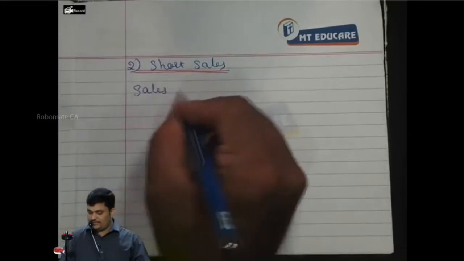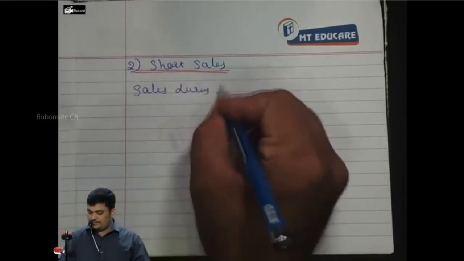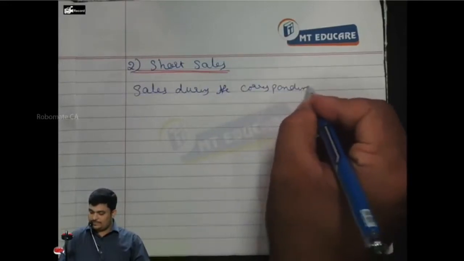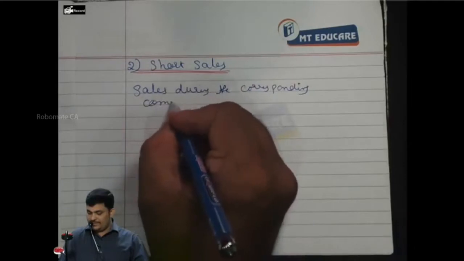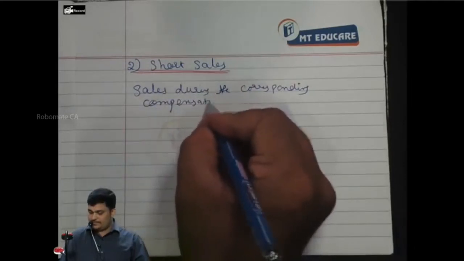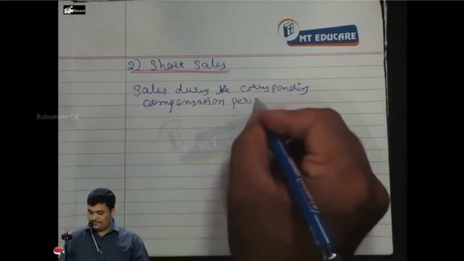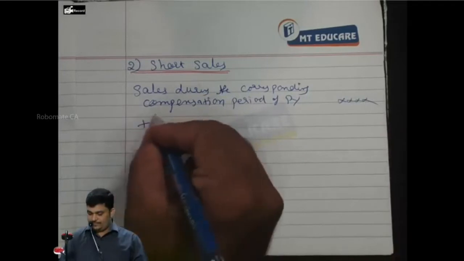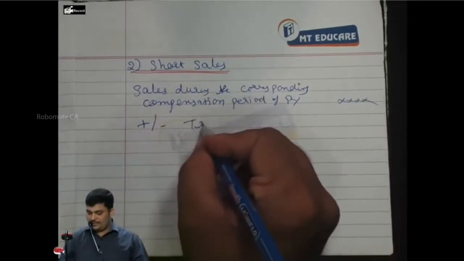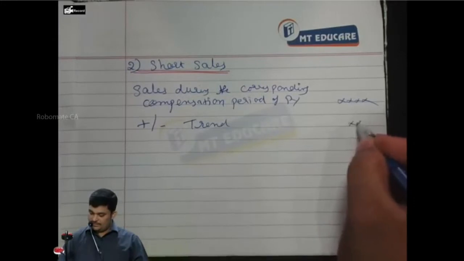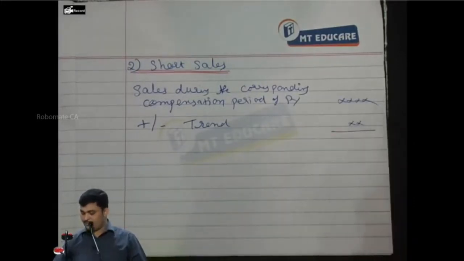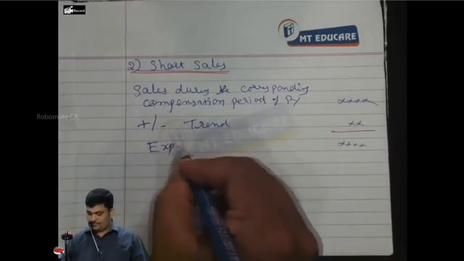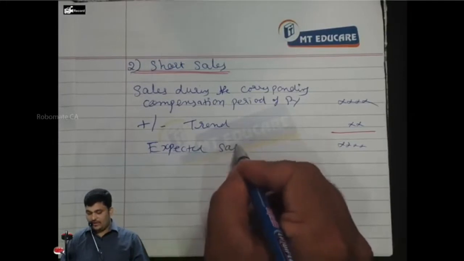Sales during the corresponding compensation period of the previous year, plus or minus trend, which gives you expected sales during the compensation period.